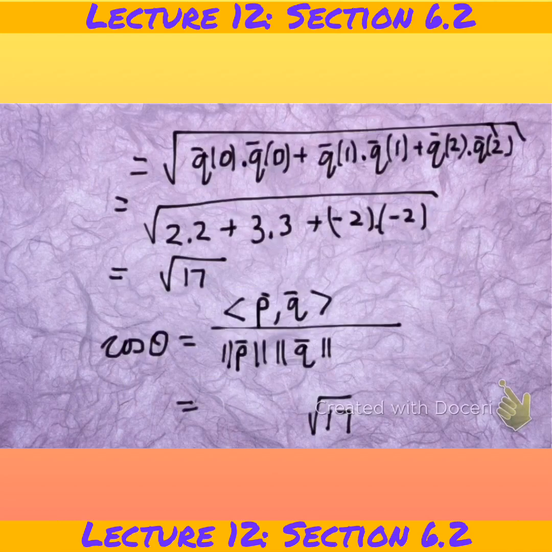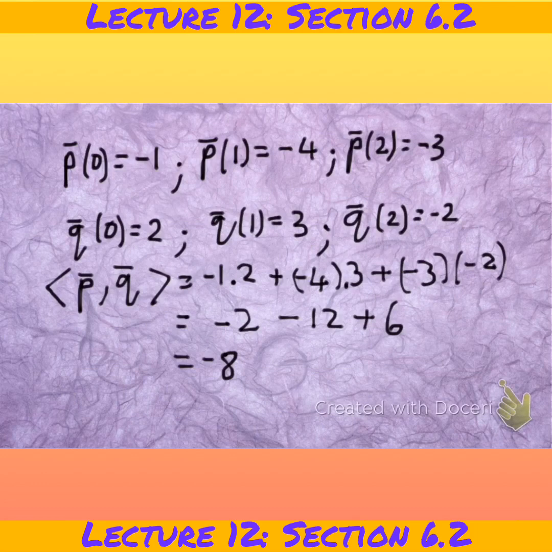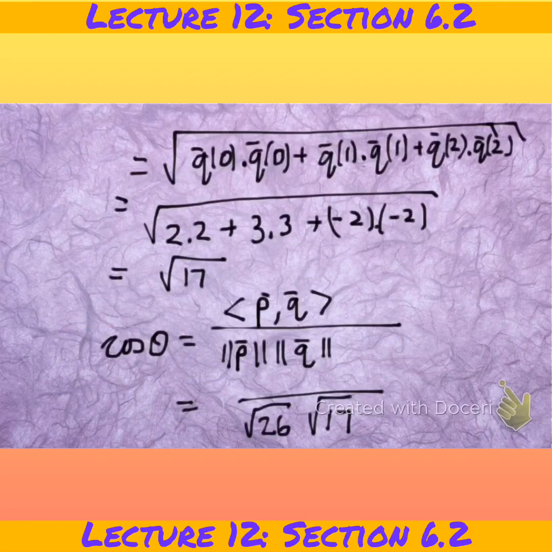The norm of P we worked out as the square root of 26. And going back, we worked out the inner product between P and Q as -8. So that is in fact the cosine of the angle between the two vectors.